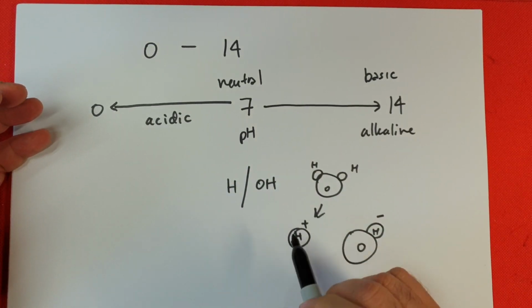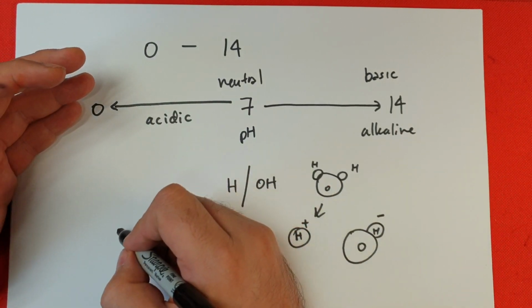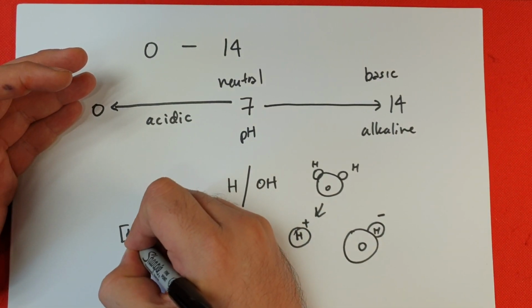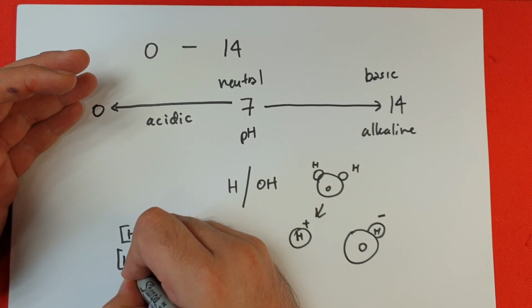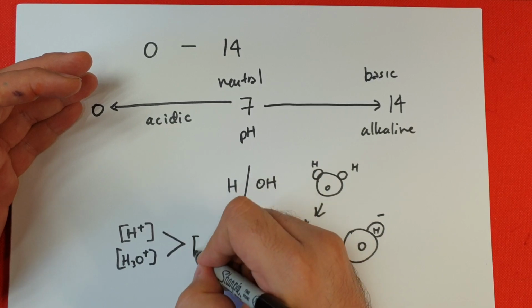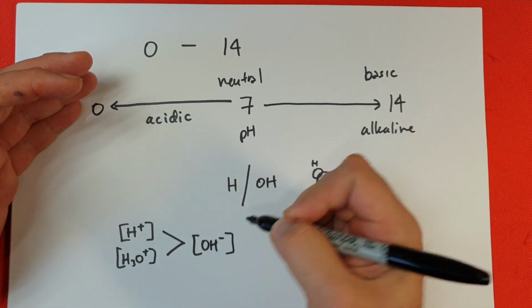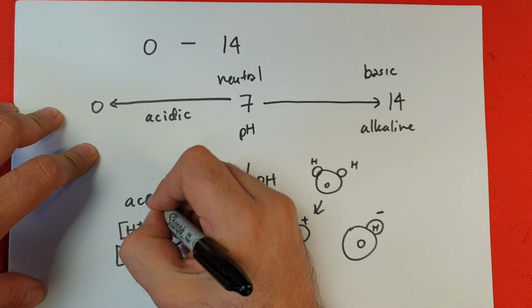Once the hydrogen or the hydronium is winning over the amount of hydroxide, the pH is going to be acidic. So if our hydrogen concentration is high, we're acidic.